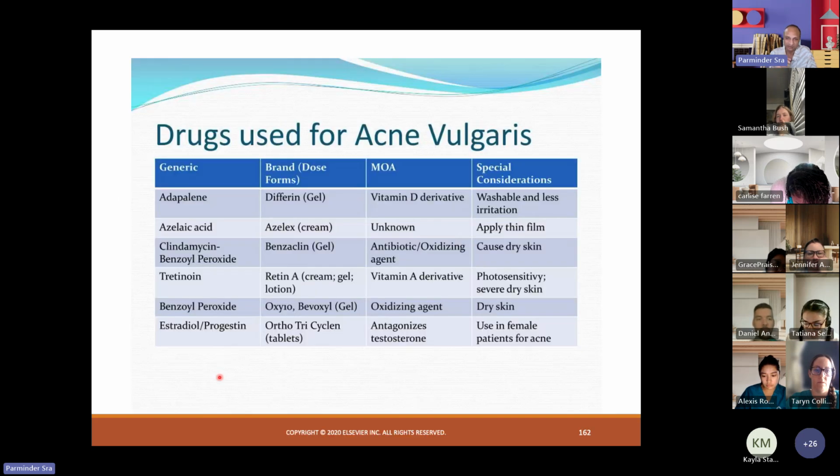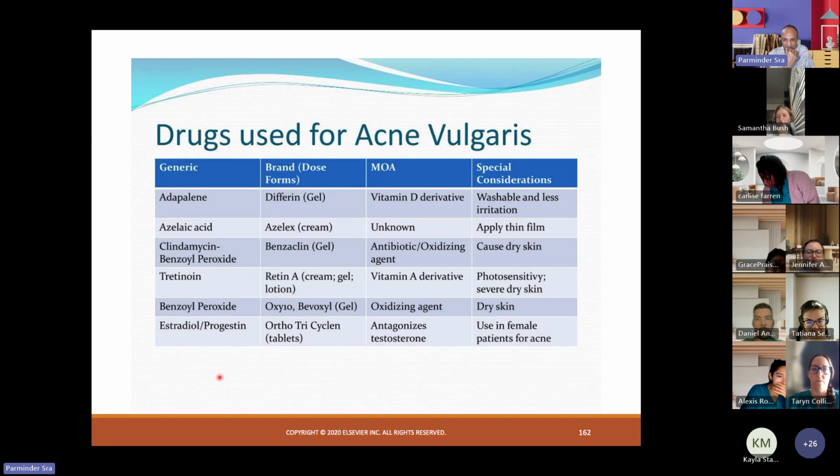This is another example, with some names there like your adapalene, clindamycin, benzoyl peroxide. The brand name is Benzaclin, which has the benzoyl peroxide OTC product mixed with clindamycin, which is an antibiotic. It comes in a powder form, and the pharmacy adds water and mixes it up before they give it to you.